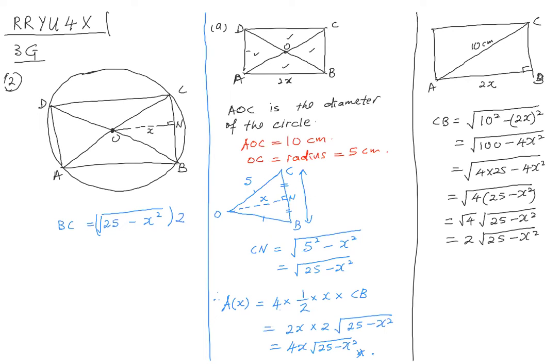So therefore, the area of rectangle ABCD, that is AX, will be length times the breadth. The length is 2x and the breadth is 2 times square root of 25 minus x squared.